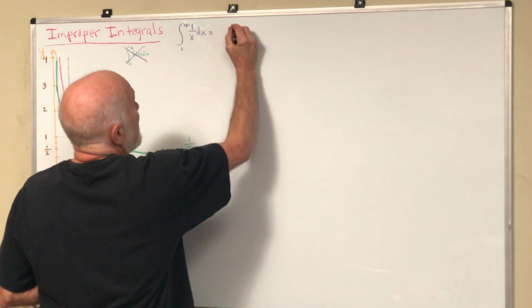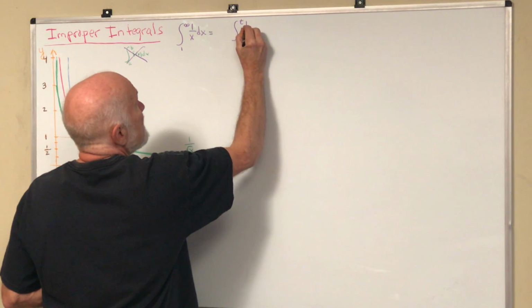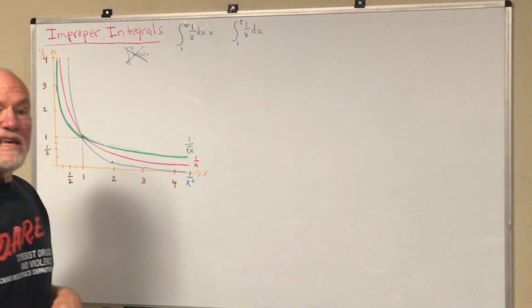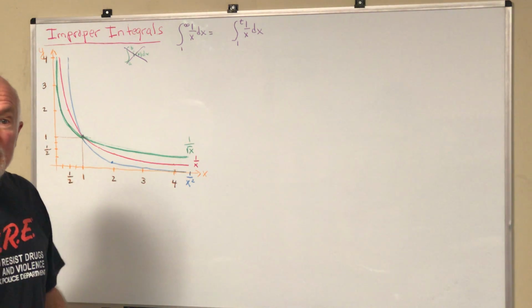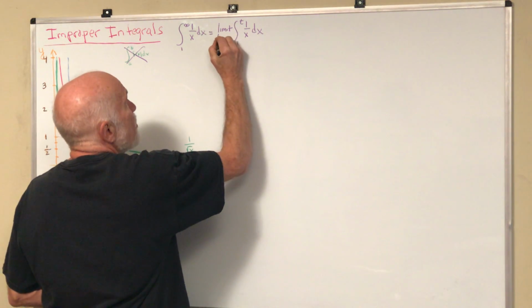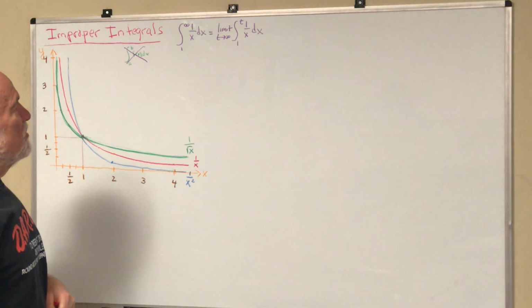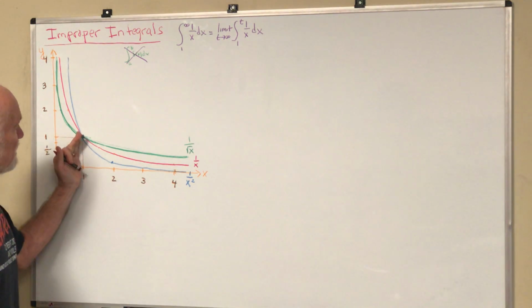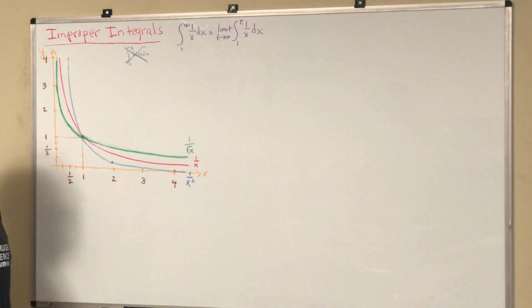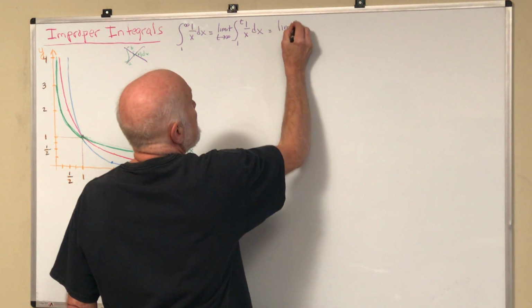The way we're going to get around that is to take the integral from 1 to t of 1 over x dx, where t is representing a number, and then at the very end, take the limit as t approaches infinity. So, think about what you believe the area is going to be under this curve, between the curve and the x-axis. And then, now we'll actually work it out.